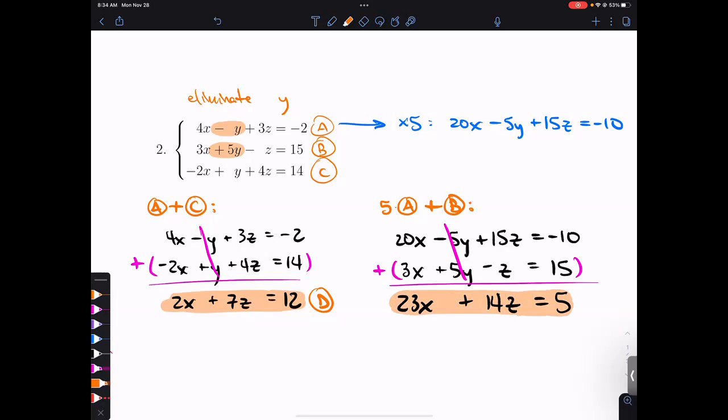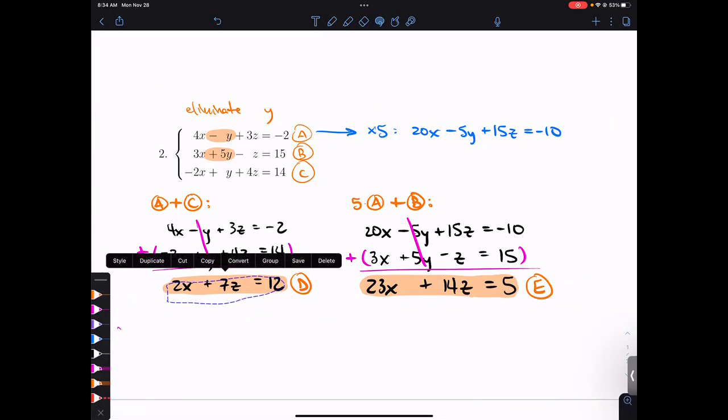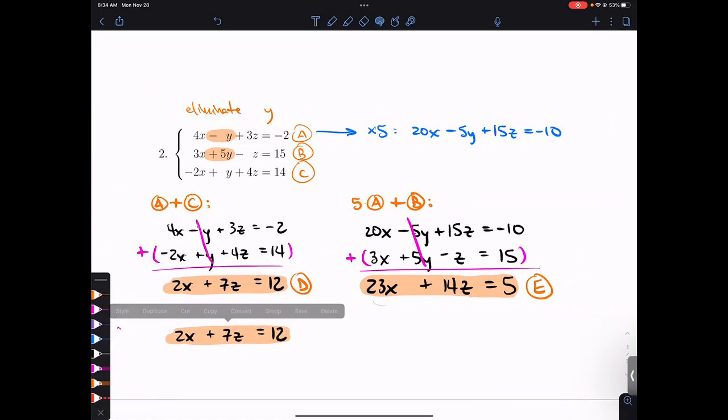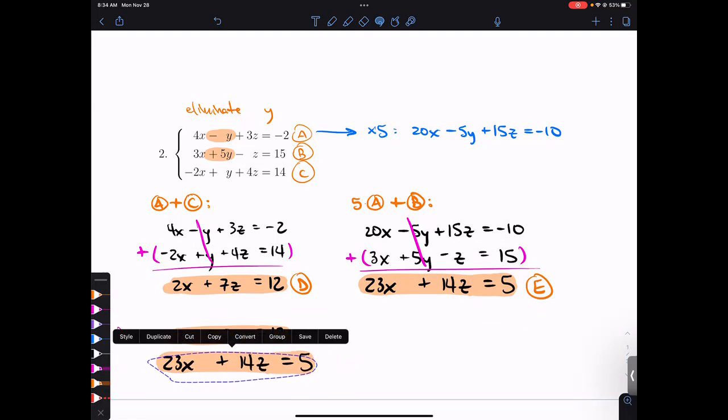That's the second thing that I need to be able to solve for x and z. Let's call that E maybe. And then you're just going to do another smaller system with those two things.